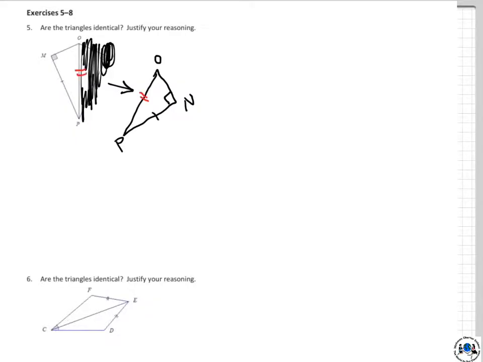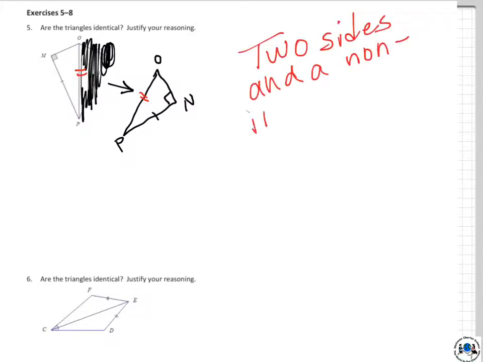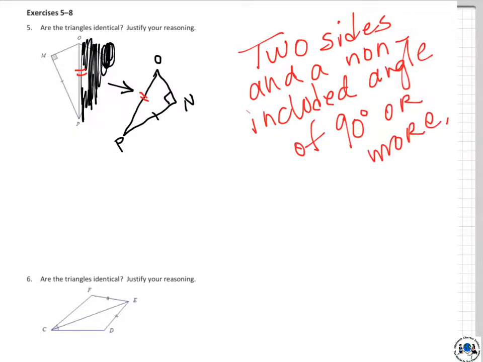What we end up with here is two sides and a non-included angle of 90 degrees or more, because this designates our 90-degree angle, right there and there. So, two sides and a non-included angle.